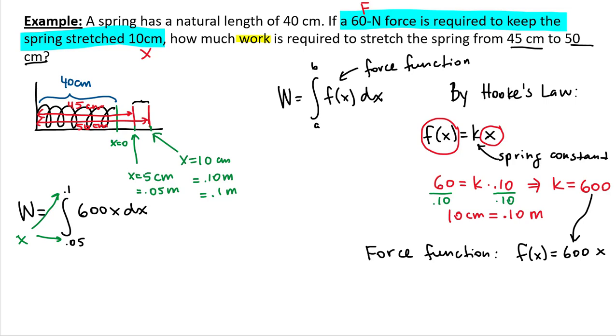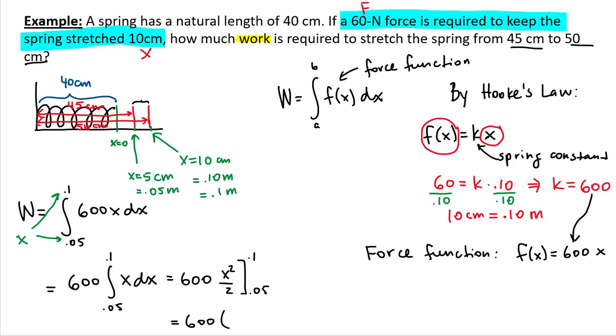You can see that integration itself will be easy. We can put the constant 600 in front of the integral sign, x dx. The antiderivative of x is x squared over 2, and we'll have to evaluate that at 0.1 and 0.05. So that's 600 times, keeping it outside, 0.1 squared over 2 minus 0.05 squared over 2.